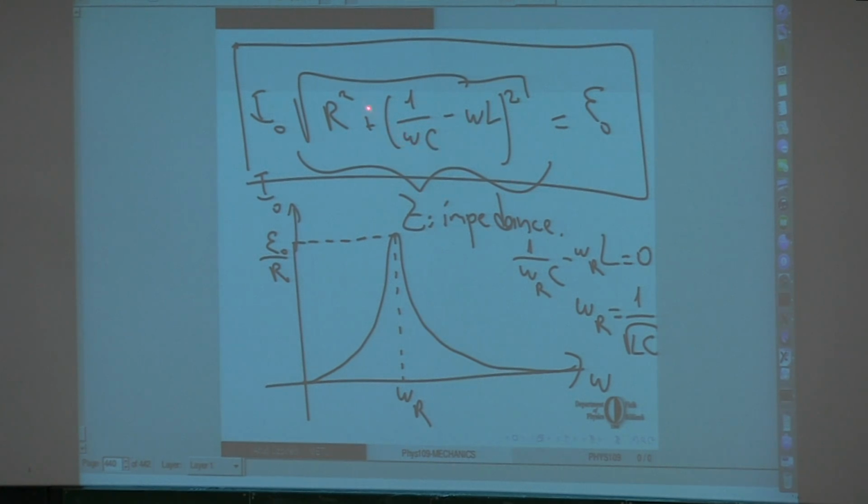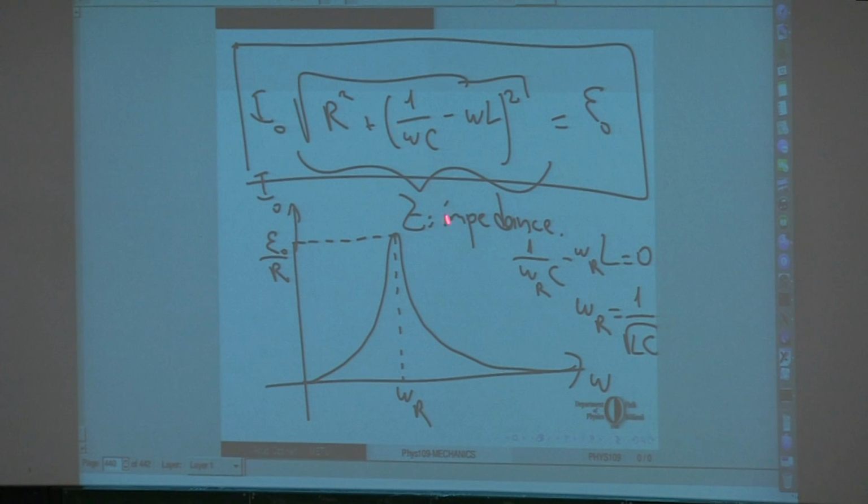Now, if omega is huge, then it is as if the capacitor doesn't exist. Well, that is expected because if omega is huge, it means the current is oscillating too fast, and during this oscillation, the capacitor doesn't have enough time to be charged. So the capacitor will always be almost neutral. So if the capacitor is not charged, then it just behaves as if it is a closed circuit.